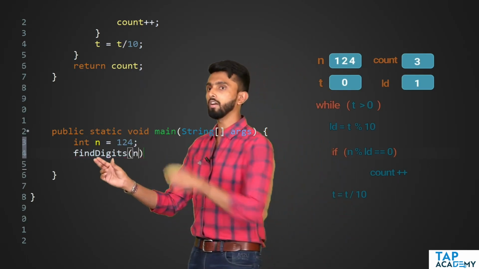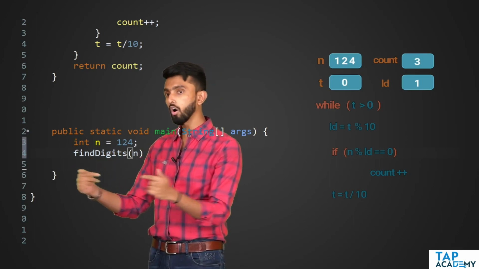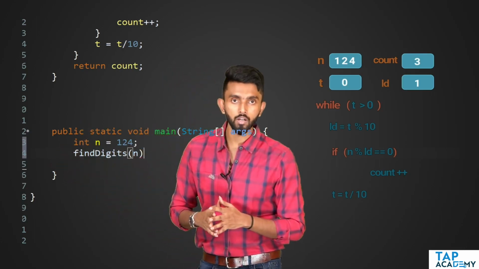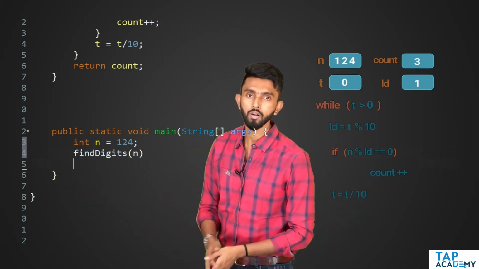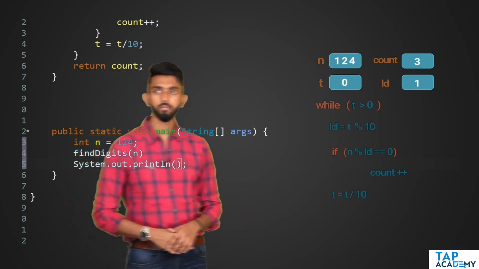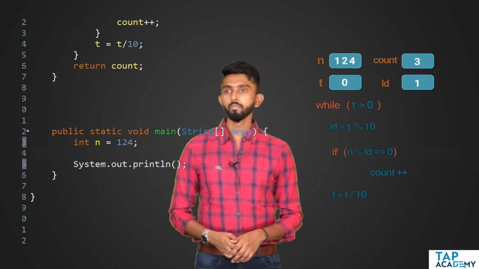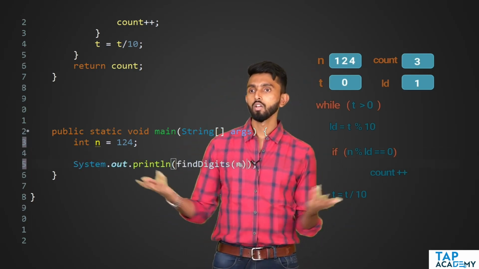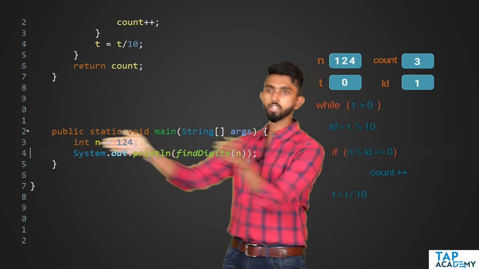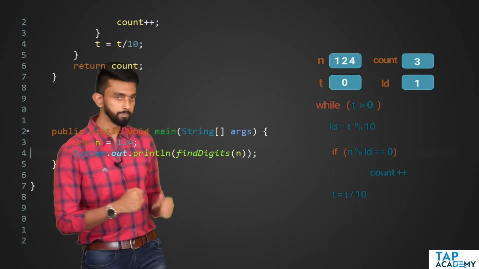See, now the thing is, findDigits will return you count. You can either collect it in a variable, then print it, or it will return whatever it returns directly. You can print it. How, sir? Put it within System.out.println. I'll write sysout, same line, and I'll just put it inside. So that's all. Call findDigits, whatever it returns, print it. That's it. Let's go execute.